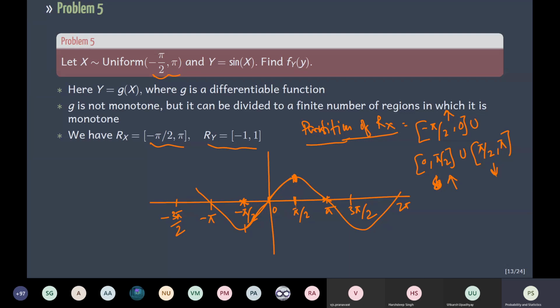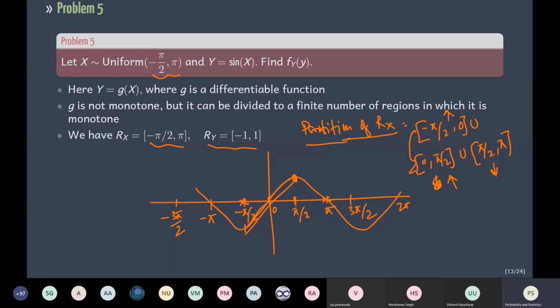I don't know why I took this interval, I don't need it. From here to here, it's monotonic anyway, so I don't see why I should split this.